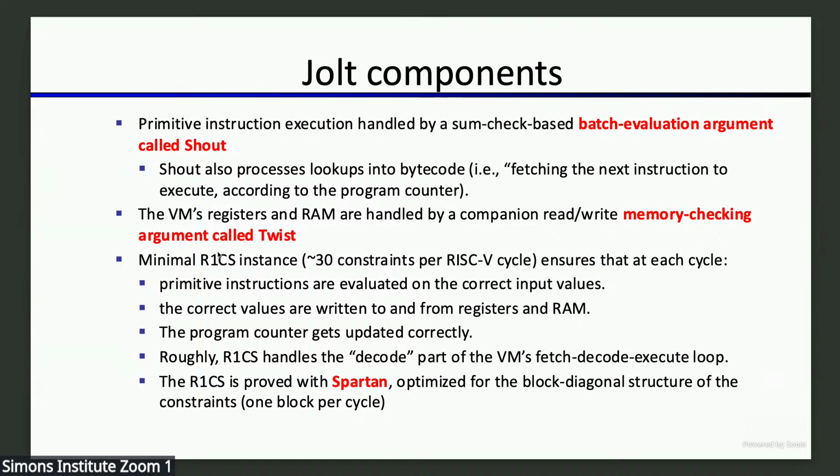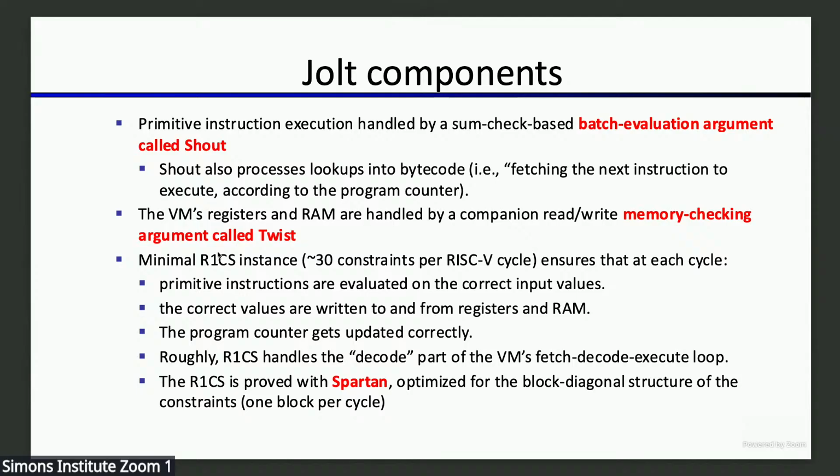It's a new batch evaluation argument, a new lookup argument. That's how Jolt executes primitive instructions. The machine's registers and RAM are handled by a companion argument for read-write memory called Twist. Batch evaluation arguments are actually the same as read-only memory, and Twist handles read-write memory.